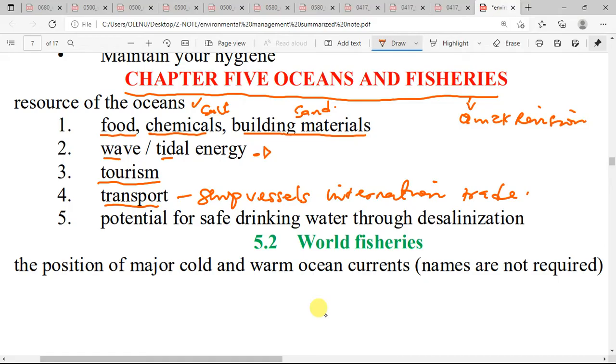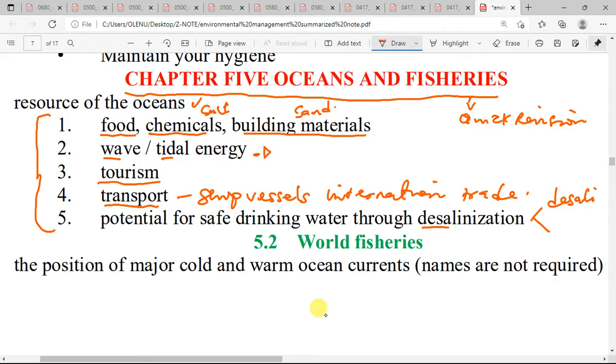Water can be purified through the process of desalination. Desalination is the removal of the salt content found within ocean water to make it suitable for drinking. So you see, these are the five major resources found within the ocean. Then next we look at world fisheries.